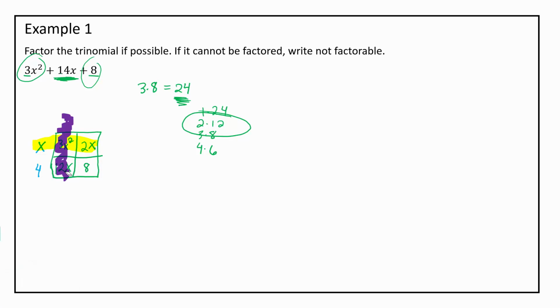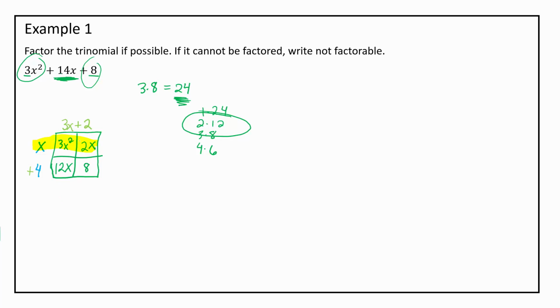And whatever that is, I'm going to put it up above. So they are both divisible by 3. They both have an x, so I'm going to write an x right here. I'm going to look at the 2x and the 8, and I'm going to say, well, they're both divisible by 2. If all of these are positive, then we should put a plus sign here and a plus sign here.